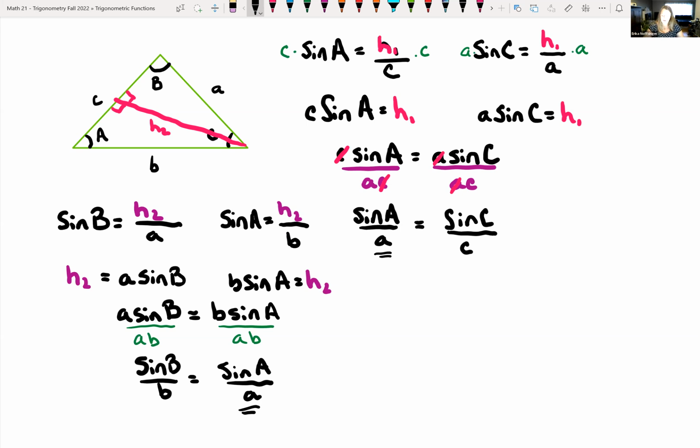So we can say, well, then sine A over A, we also know is equal to sine B over B. So we could just add this into our equation up here.